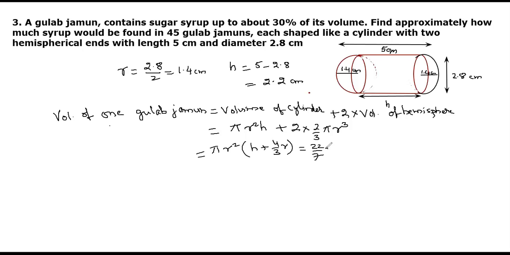Substitute the values: 22 by 7 into radius, and the radius is 1.4, 1.4, into bracket height. Height is 2.2, plus 2 into 2 by 3 into radius. And the radius is how much? 1.4.